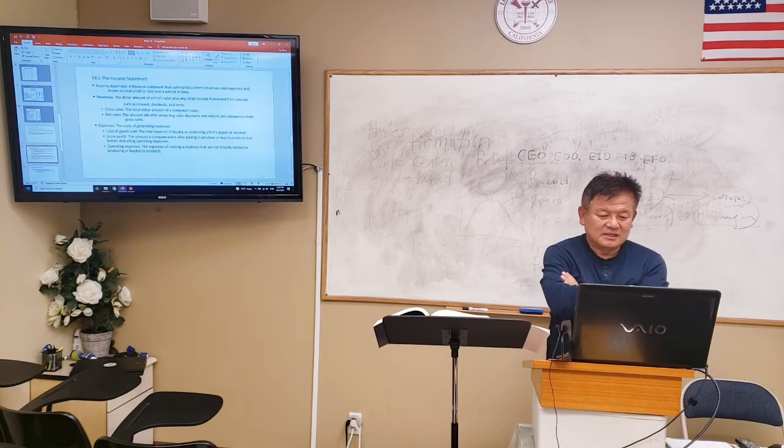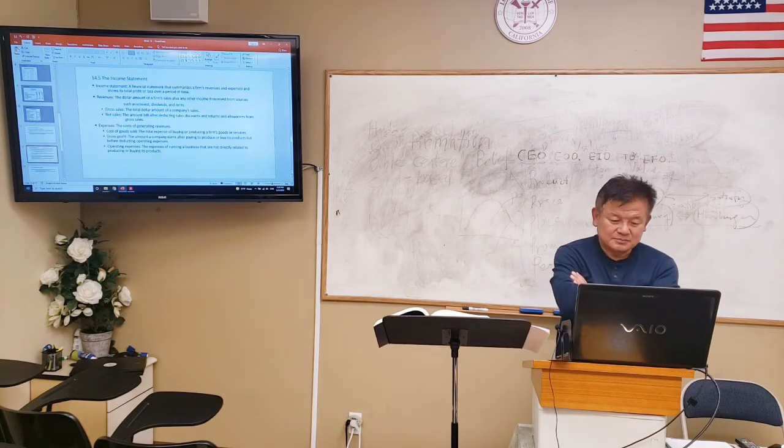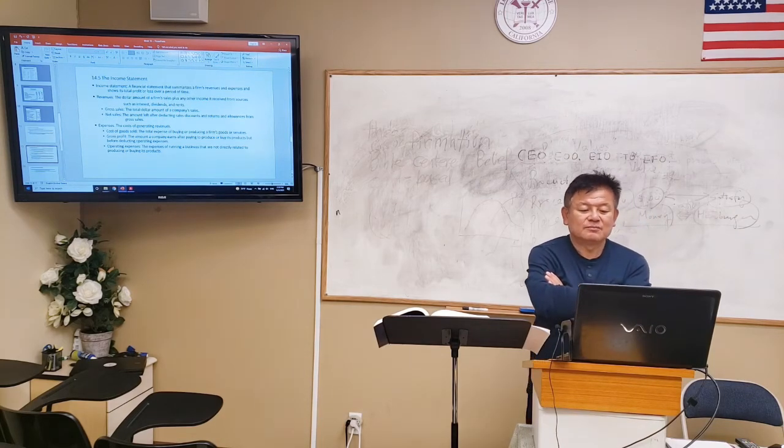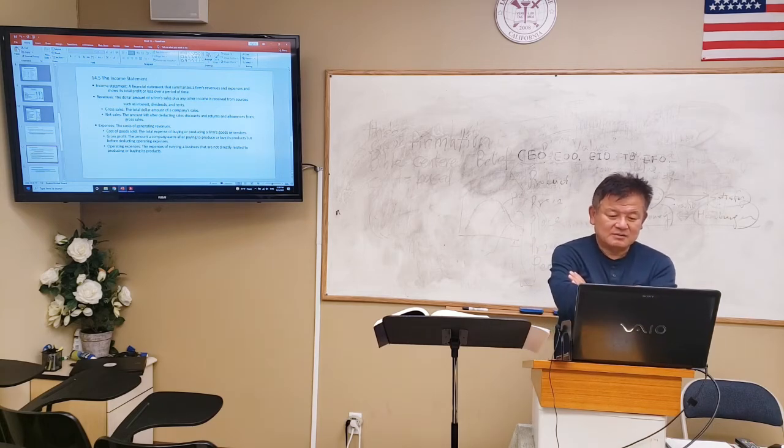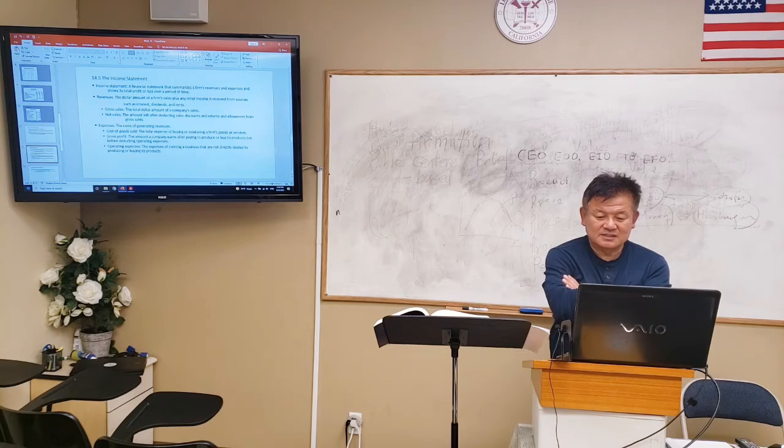So the income statement shows the revenue, expenses, also profit or loss. Revenue means the dollar amount of firm sales plus any other income it received from sources such as interest, dividends, and rent. All these things are included in revenue.